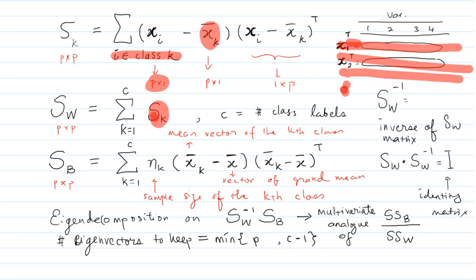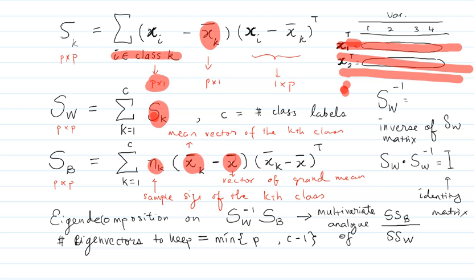of class labels. Then your matrix SB, the between class label scatter matrix, is also a multivariate analog of your sum square between in ANOVA, whereby you take the mean vector and you subtract the grand mean vector, and then you square that vector by multiplying with its transpose, and then you weight it with the sample size of that particular class.